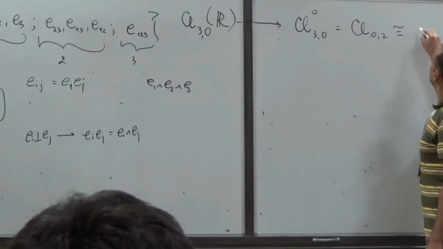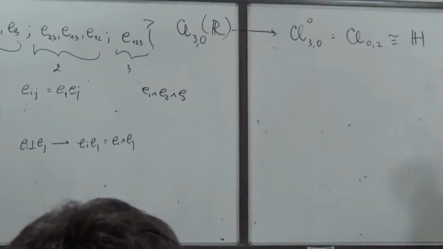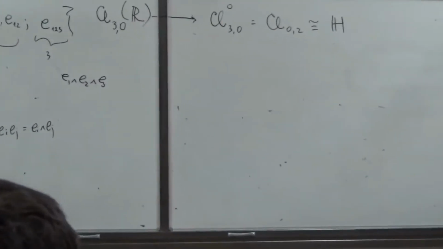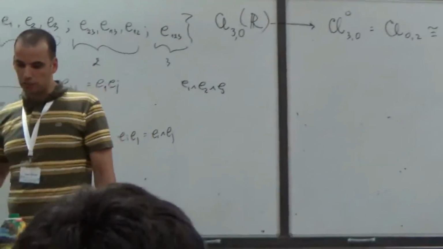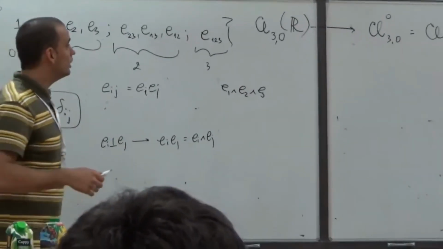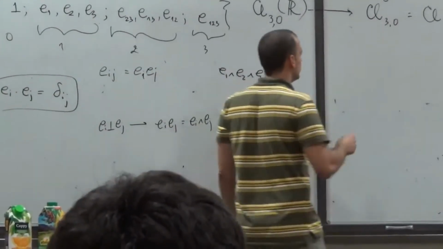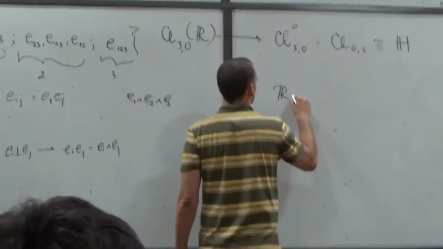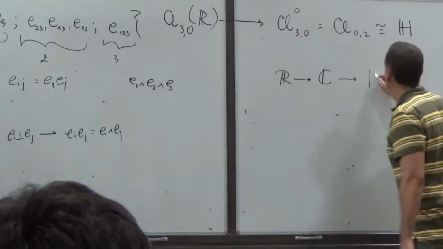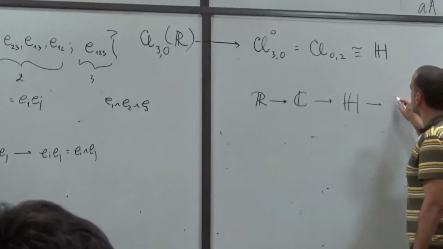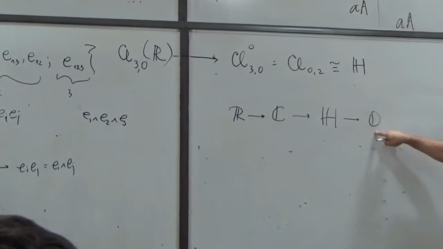Which is one of the very few Hurwitz algebras, one of the very few division algebras. We only have a couple of those. You have the reals, you have the complex numbers, you have the quaternions, and of course you have the octonions, which are not associative.